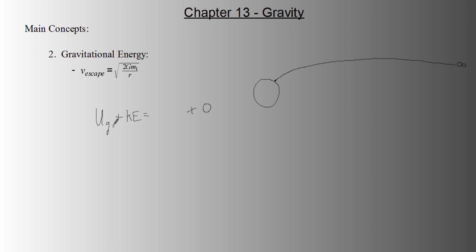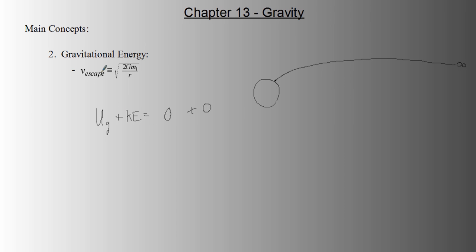I really should be careful and put initial and final labels; you can do that in your notes. I'm just going to be a little lazy here. So our final kinetic energy is 0. But if you remember, we just discussed that we were defining gravitational potential to be 0 out at infinity. So this is also 0. That's pretty cool.